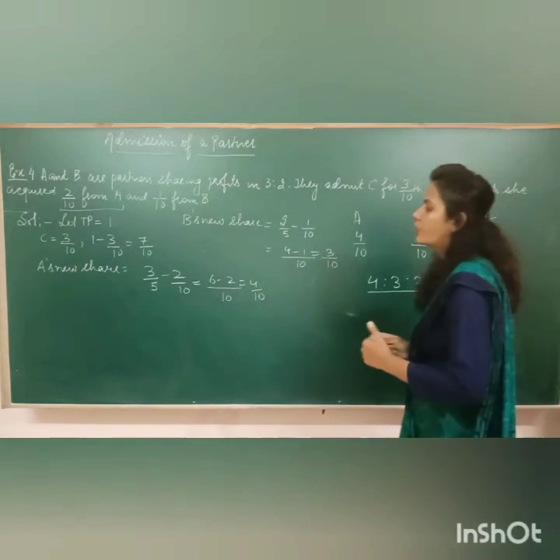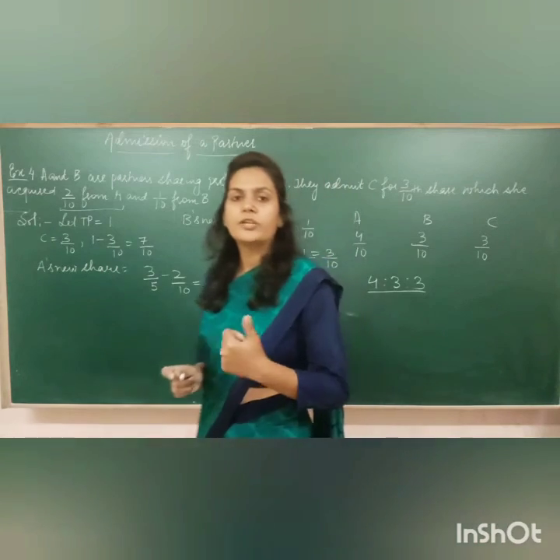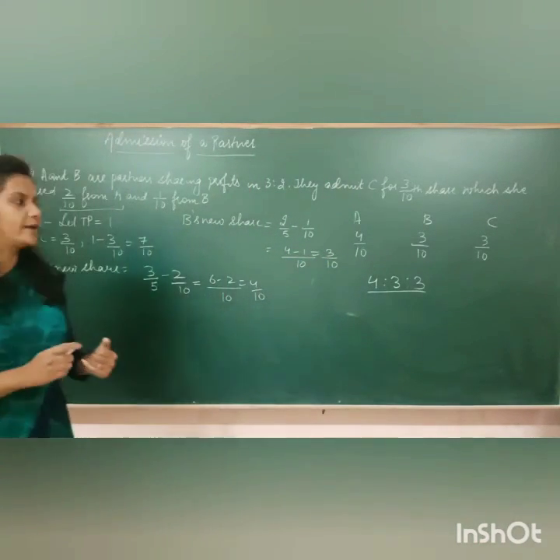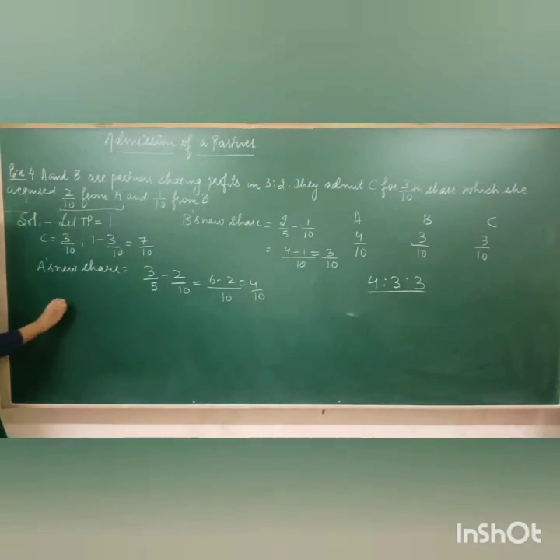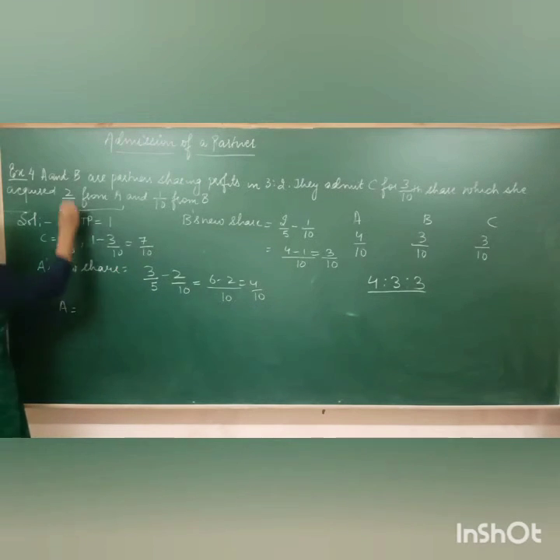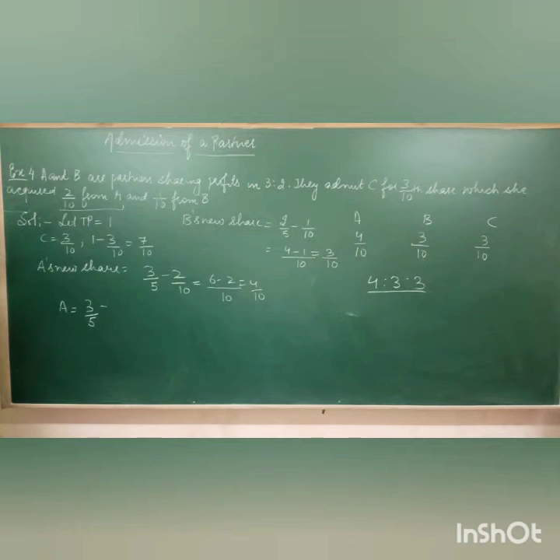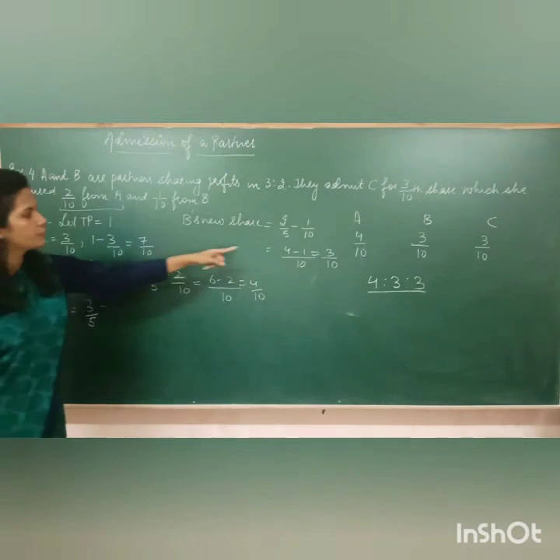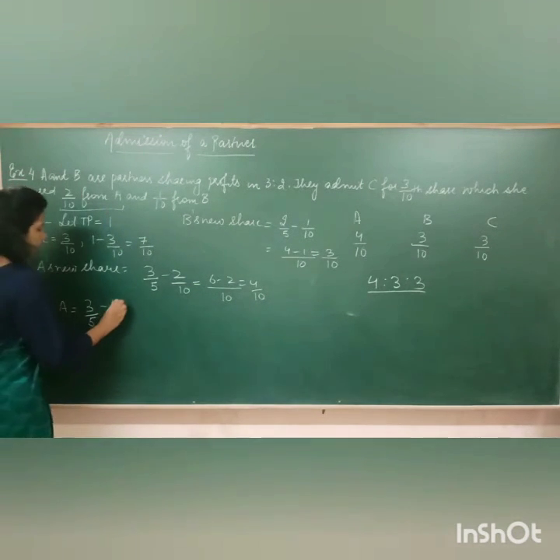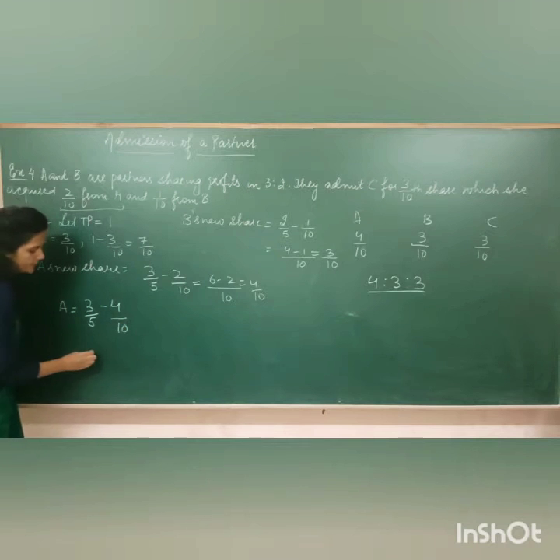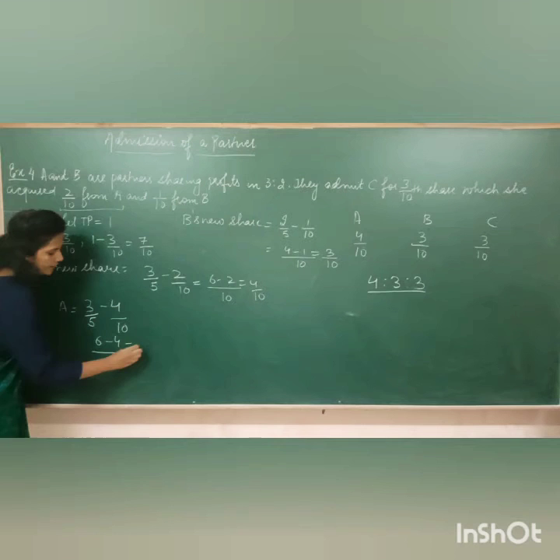Now if you want to find out the sacrificing ratio, then you need to use the formula, that is old ratio minus new ratio. I can show you only for A. A's old share is 3 upon 5 and A's new share here in this question is, you can check, 4 upon 10. So it is equal to 6 upon 4, that is 2 upon 10.